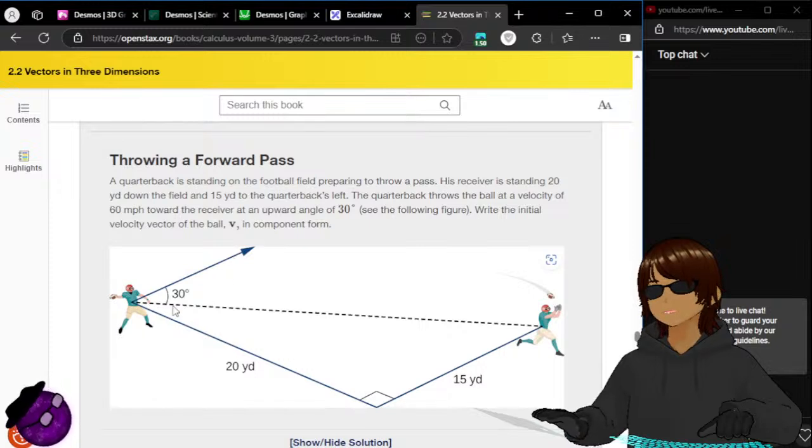And then in this direction, it's 60 cos 30, and in the upward direction, it's 60 sine 30. But they want it in component form.